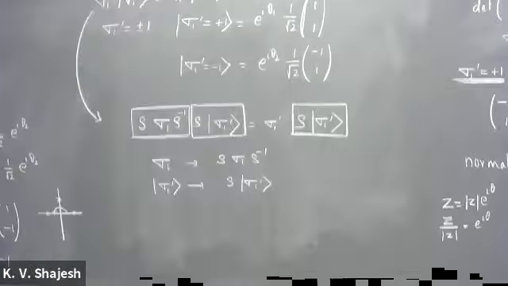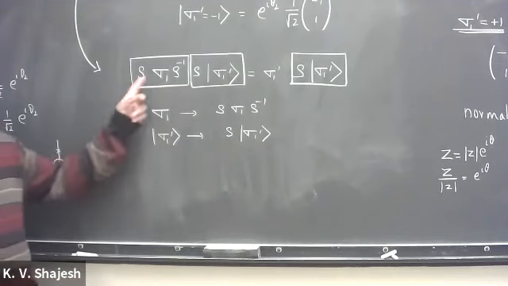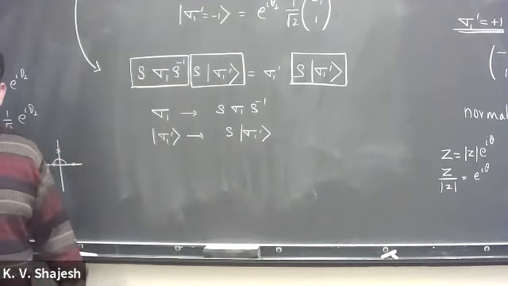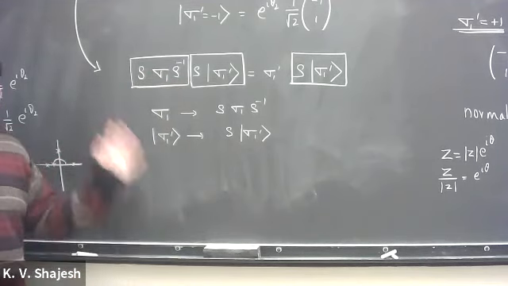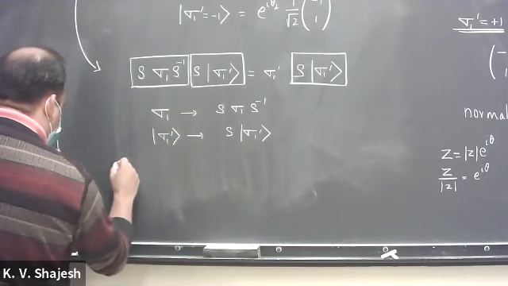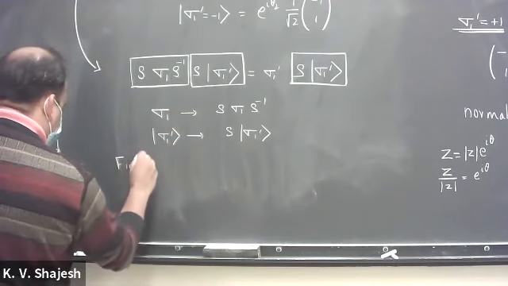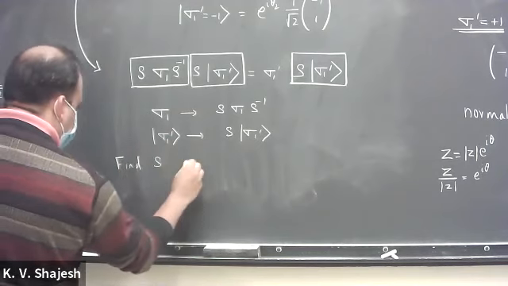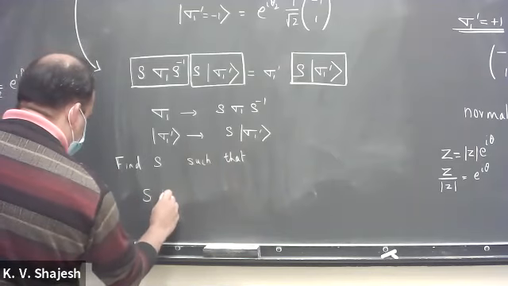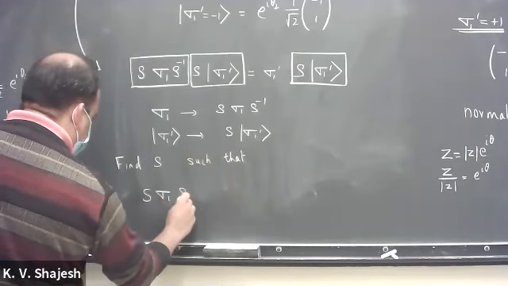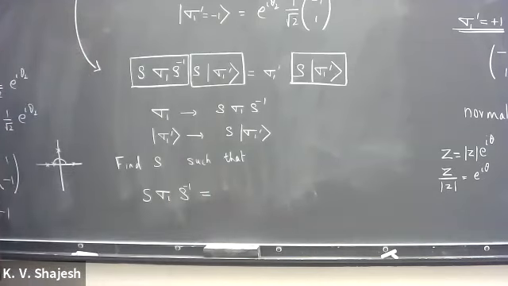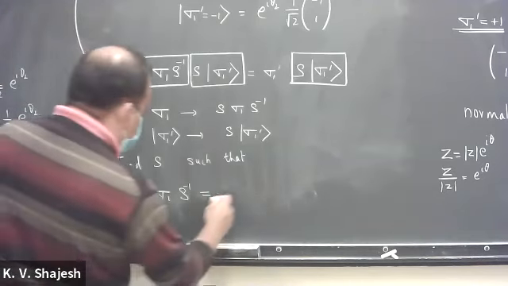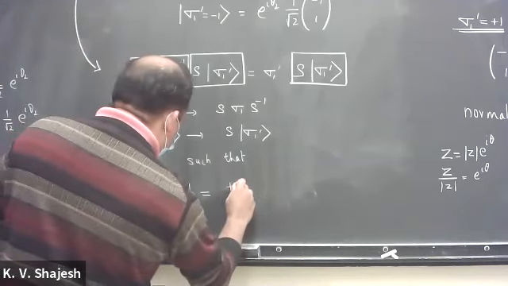If that is the case, then the point is, does there exist a matrix S where I don't have to do any work at all? It is already diagonal. So does that exist? Or find S such that S sigma 1 S inverse is equal to the diagonal matrix of +1 and -1.